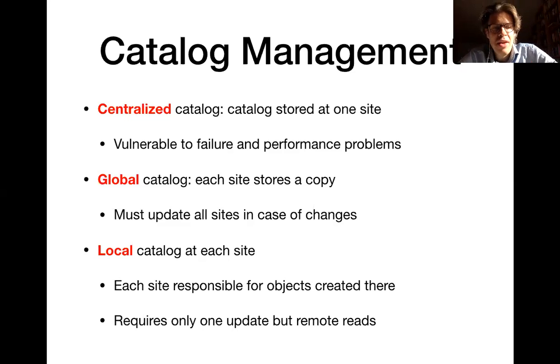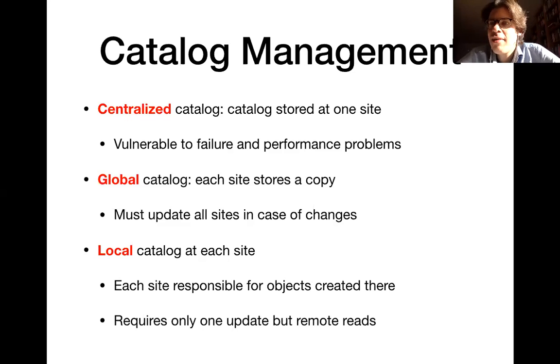So a third possibility, which is quite popular in practice, is that we have essentially not a global catalog stored at each site, but a local catalog which only covers some part of the data.